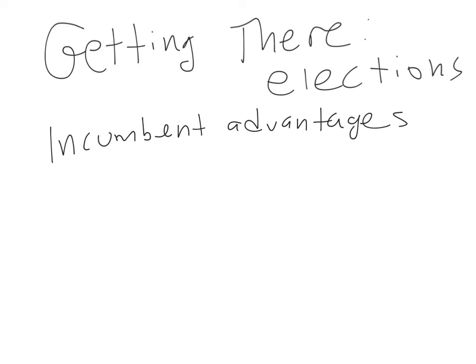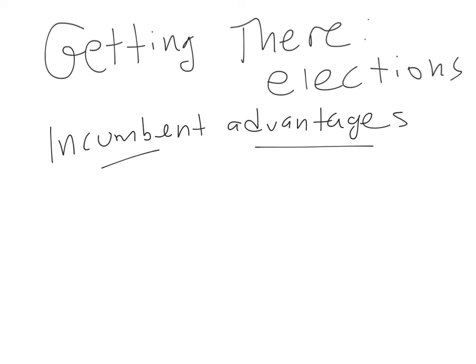This is why the re-election rates, especially in the House, are tremendous, over 90%. In the Senate, it's a little bit less, but you still see a vast majority of members getting re-elected. And a lot of it has to do with this idea of the incumbent advantages.